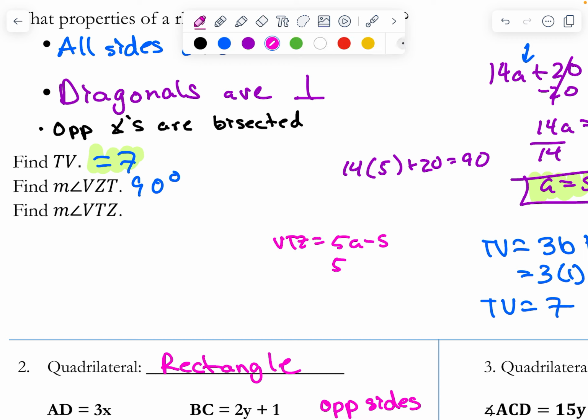VTZ is equal to 5 times 5 minus 5. I get 25 minus 5, which gives us 20. VTZ is 20, and we found it. We're done. And that's an angle, so it's degrees. Great. All right. So we got all our work.